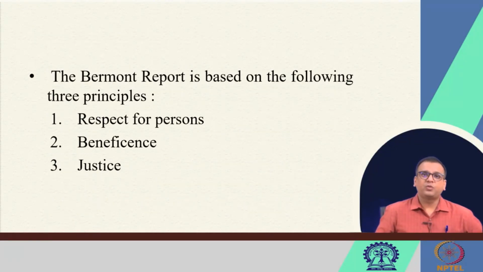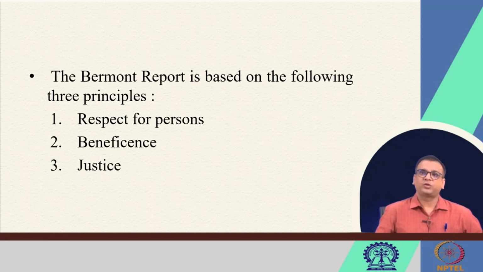So, the Belmont report is based on the following three main principles. The first and foremost is autonomy, that is, respect for a person. If a person or participant is being involved in any research, their autonomy should be respected. They should be given proper informed consent explaining the risks and the benefits.